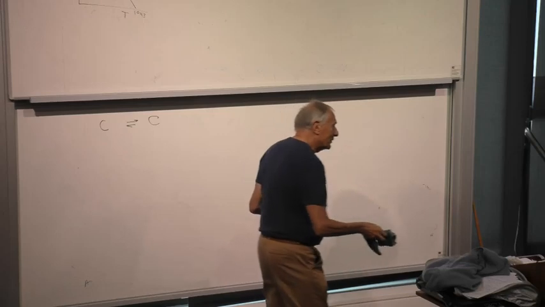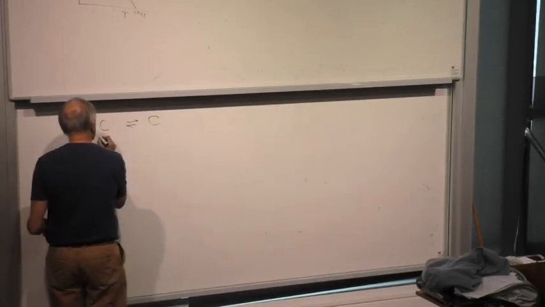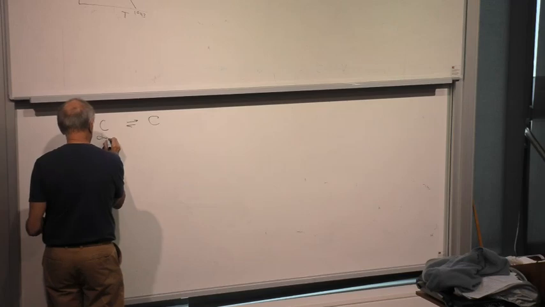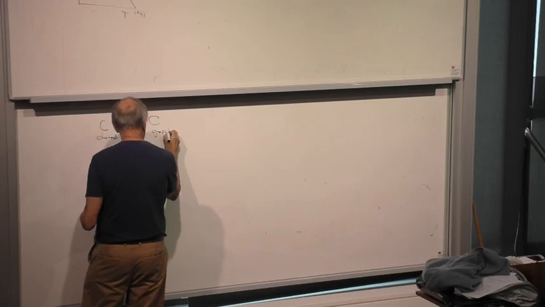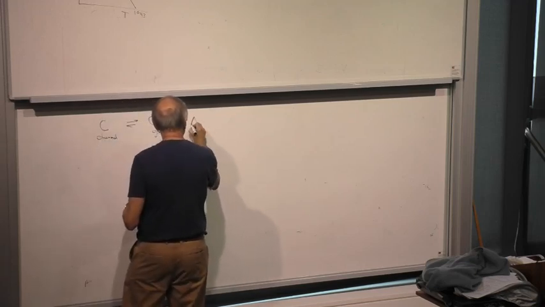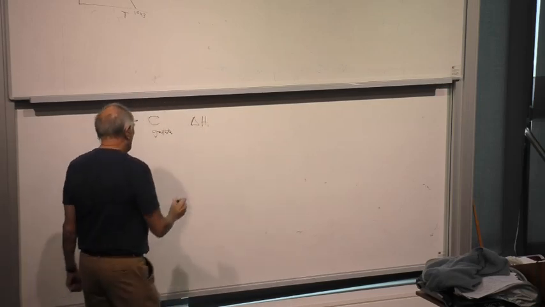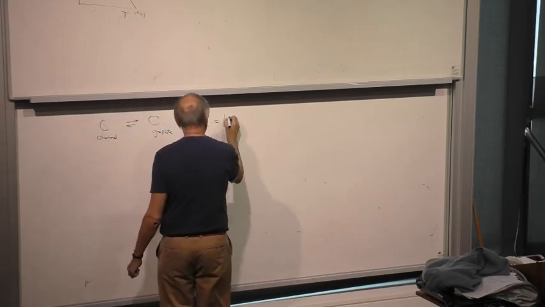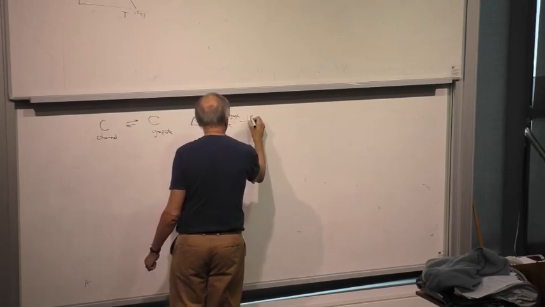Don't know why, I just feel like it. So we write it diamond goes to graphite. And that has an enthalpy change which I'll call delta H1, which is equal to obviously the enthalpy of carbon in graphite minus the enthalpy of carbon in diamond.